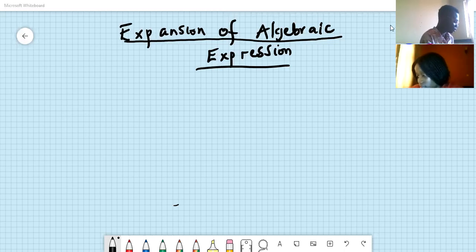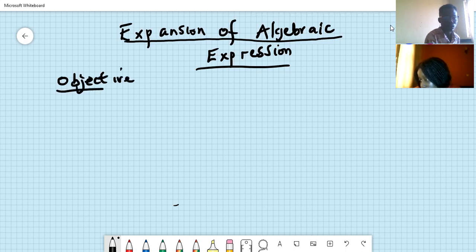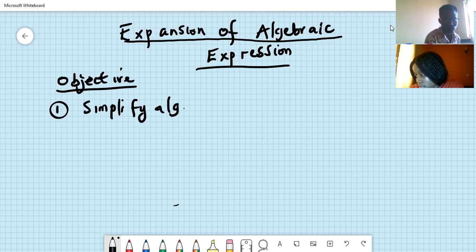All right, good. So by the end of today's class, we should be able to simplify. So our learning objective is, number one, should be able to simplify algebraic expressions.